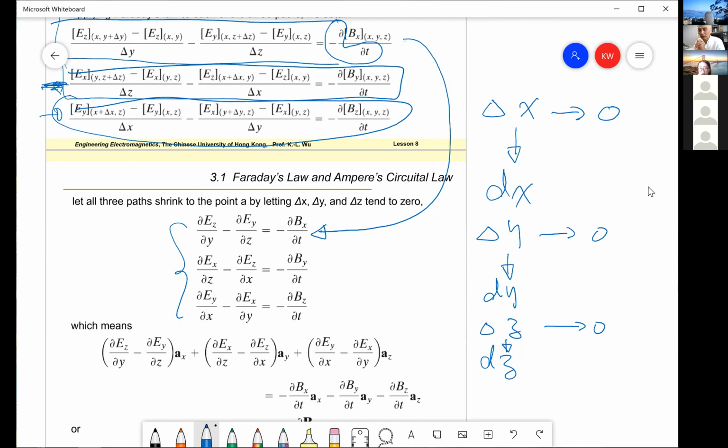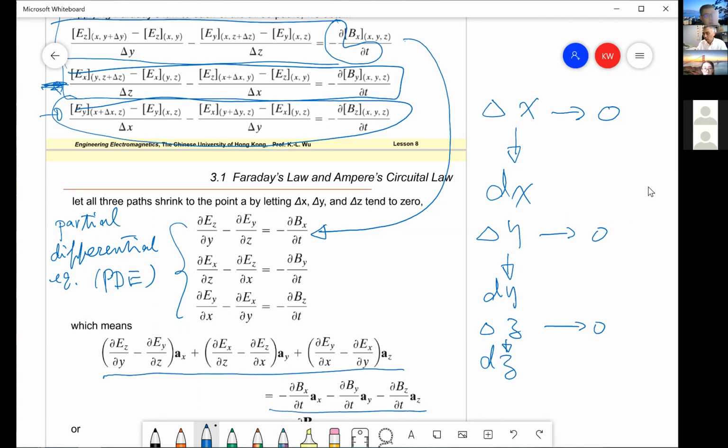This set of differential equations is a partial differential equation, or we call it PDE. But we can write it in a vector form. You see, this vector form is exactly equal.